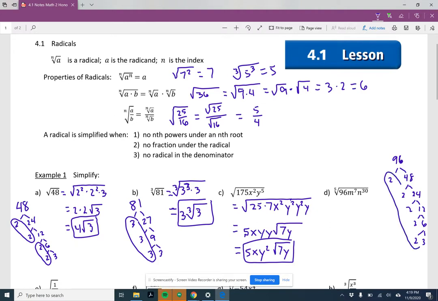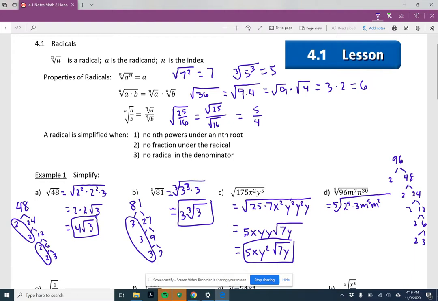So 96 is 2 to the 5th times 3. So it's going to be the fifth root of 2 to the 5th power times a 3. In that m to the 7th, there are 5 factors of m, and then an extra 2 factors of m.